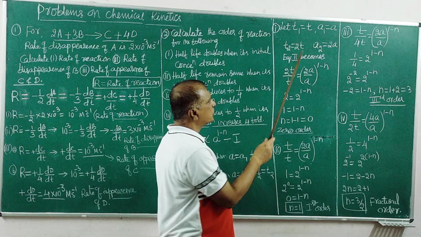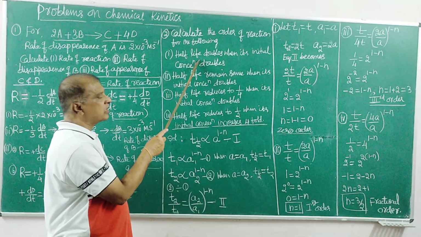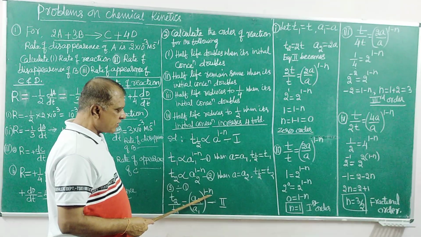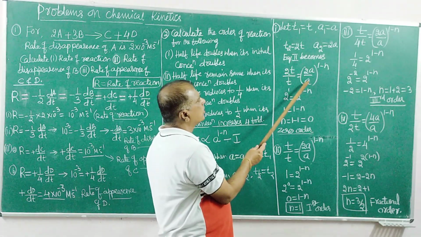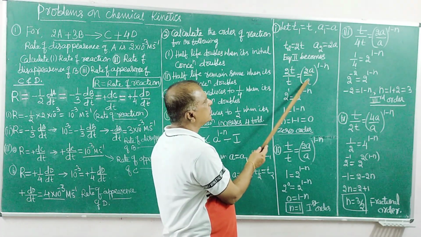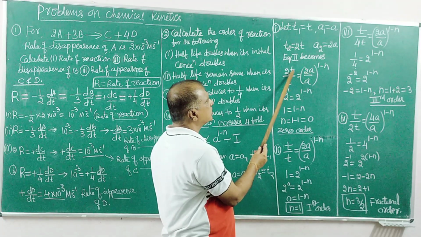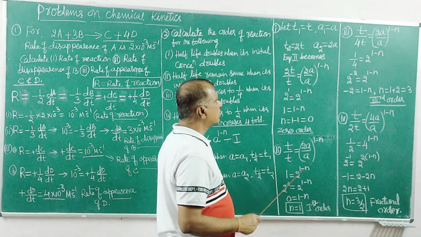Put this data into this equation. You have to feed this experimental data into this equation and go for evaluation of n. So when the initial concentration doubles, half-life doubles. T, T, A, A: simplify and see that.